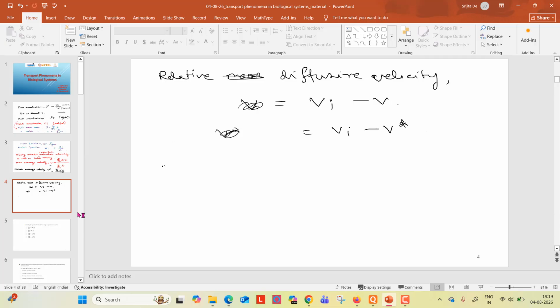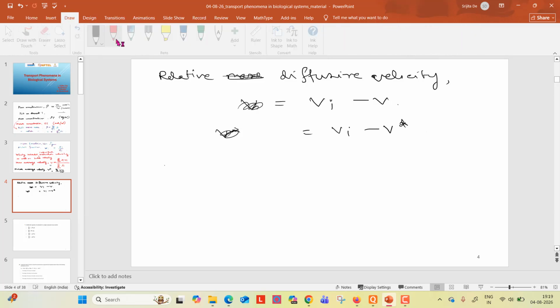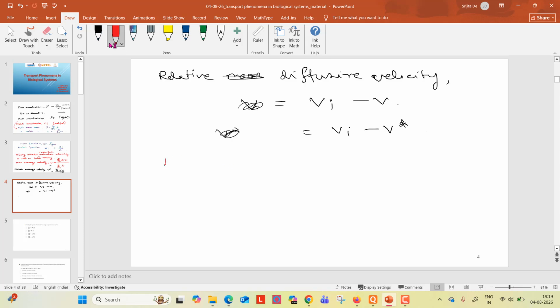One, so first we are doing the mass flux. Mass flux with respect to the static reference frame.